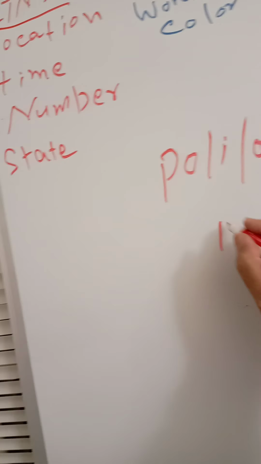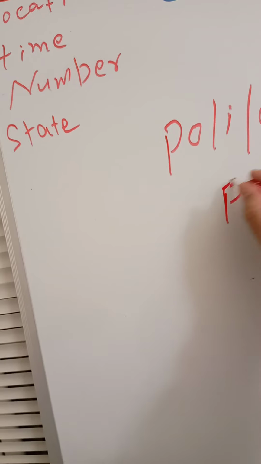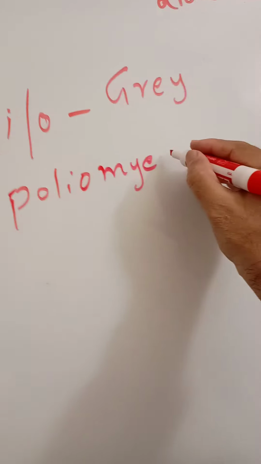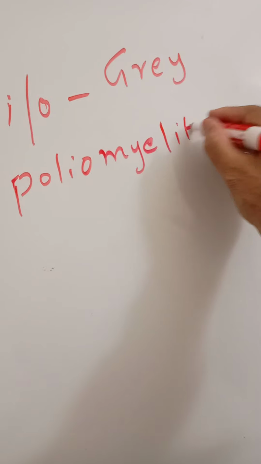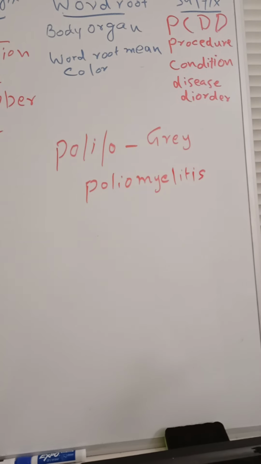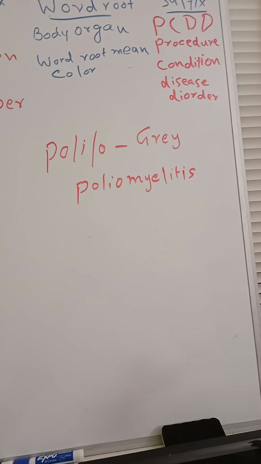The word is poliomyelitis. Poliomyelitis is a disease that affects mostly children. Poli means gray.